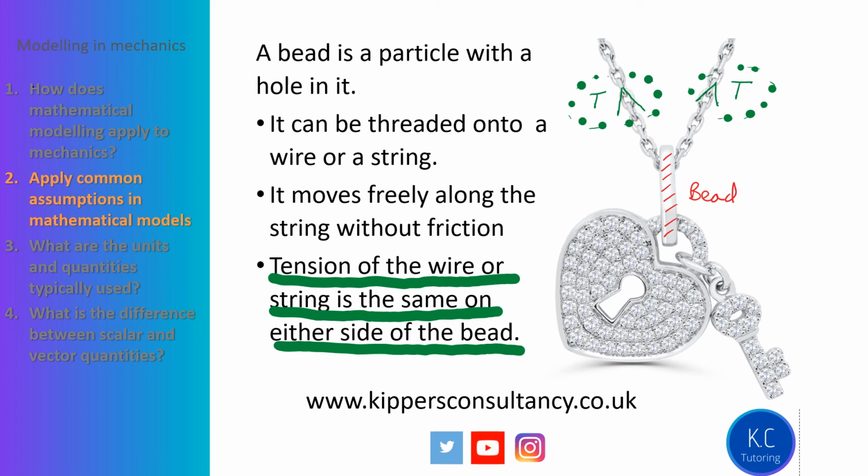So it's the red link that is the bead in this example, and because the bead is frictionless, it means that the tension of the chain either side of the bead will be equal.